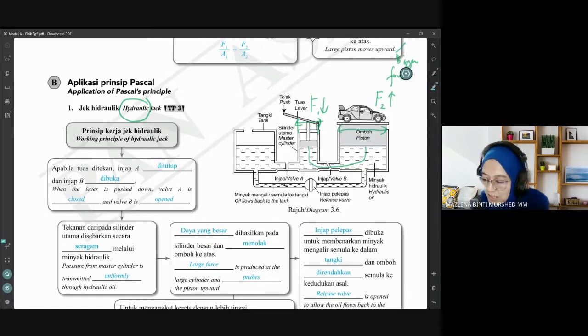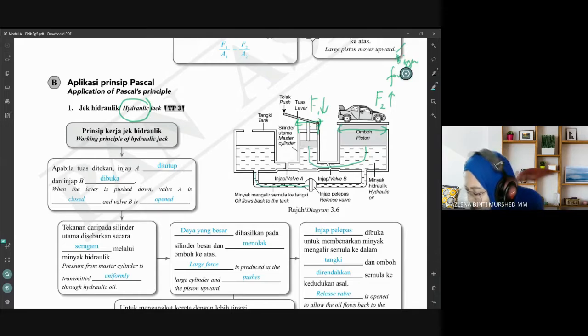Kalau tengok kat sini, we have a reservoir. Reservoir ni untuk simpan minyak lah, minyak yang kita nak distribute pressure tu. So this reservoir akan pass through a valve, so masuk sini.